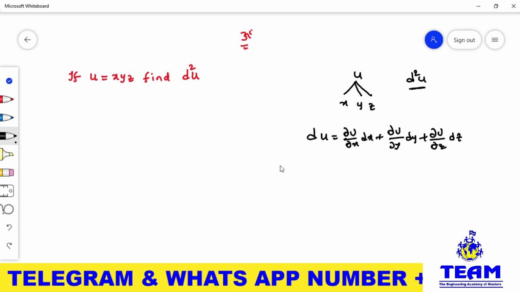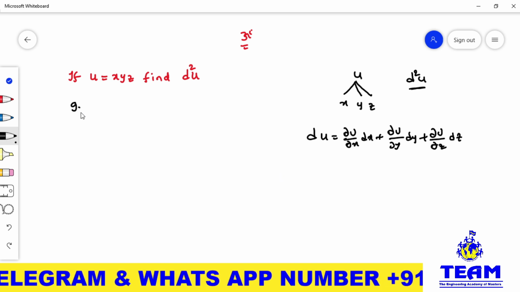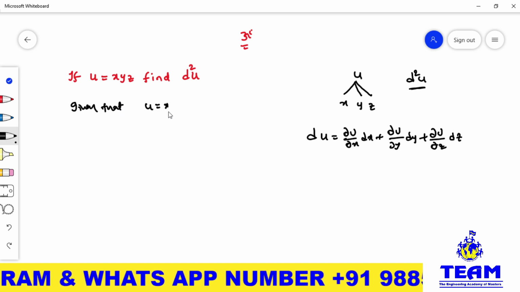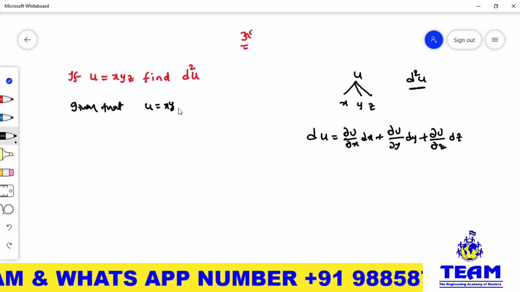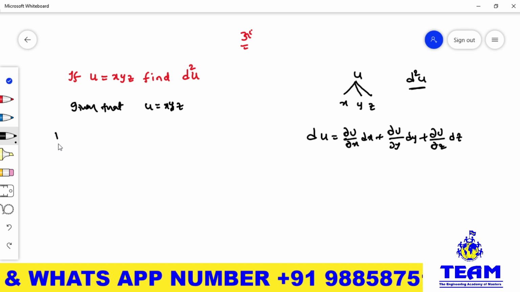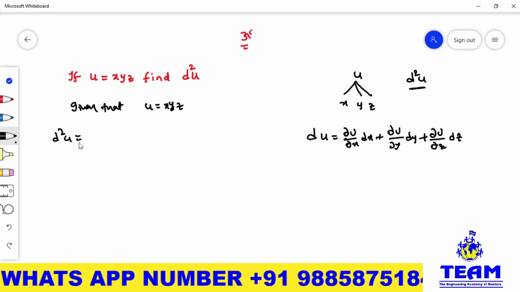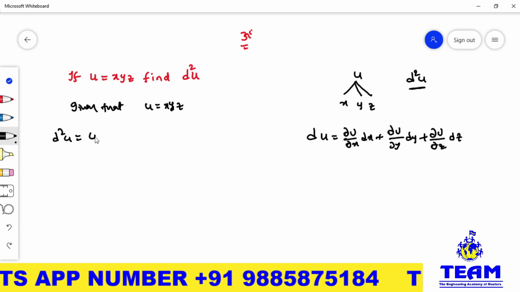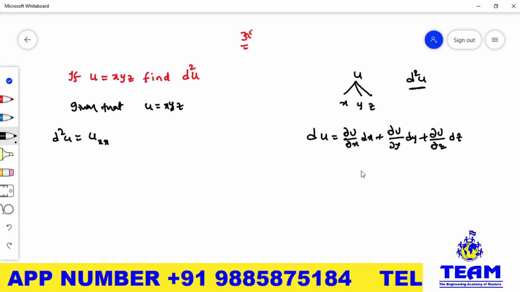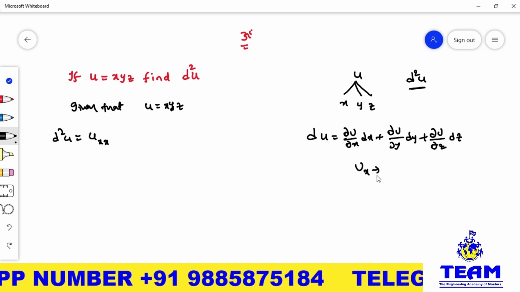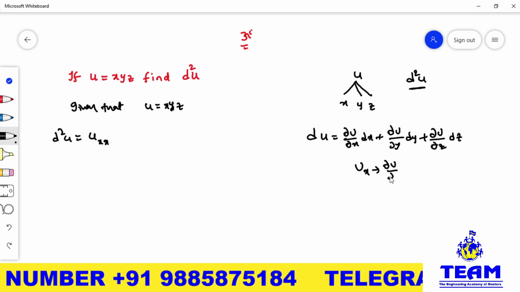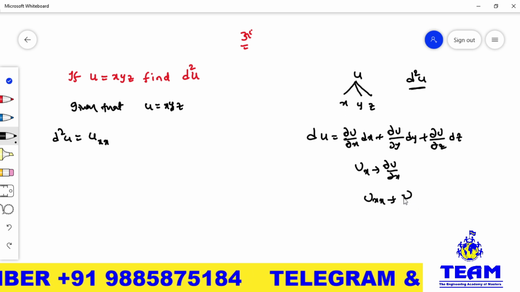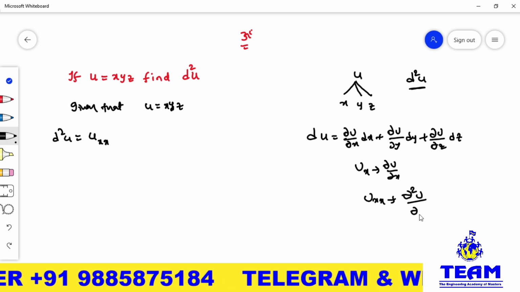I'll write it here. Given that u is equal to x into y into z, then we have the d square u formula. I am writing directly. Now d square u is, you know that ux is nothing but the first order partial derivative dou u by dou x, and uxx is nothing but dou square u by dou x square.